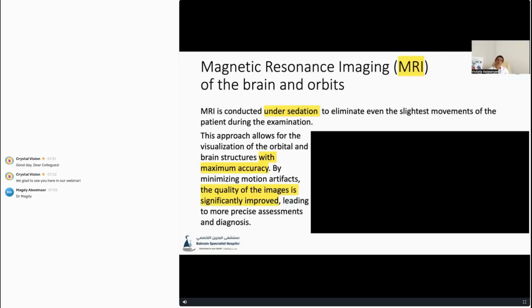The quality of the image is significantly improved, leading to more accurate assessments and diagnoses. This is particularly important in evaluating conditions affecting the brain and eyes, where precise imaging can provide critical information for appropriate treatment planning.